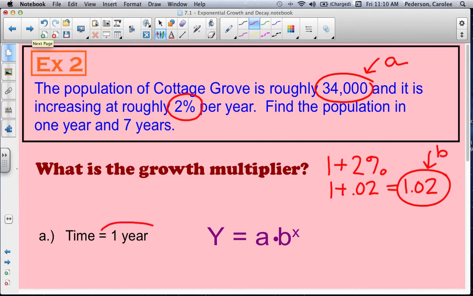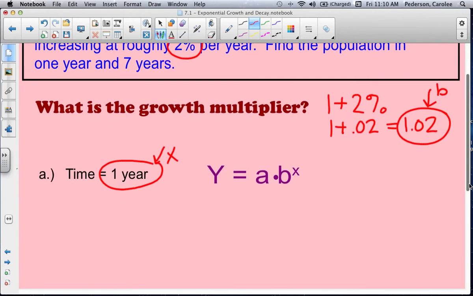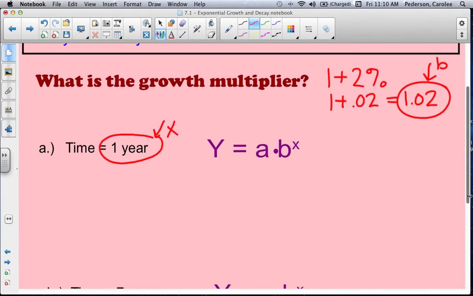Now we can answer the first question. How many people will be living in Cottage Grove after 1 year? This is the X of our equation. So let's go ahead and substitute in the three pieces. Y is the end amount. A is your initial amount of 34,000 people. Our growth rate multiplier is 1.02, and the time is 1 year.